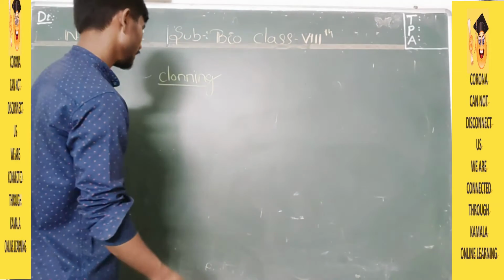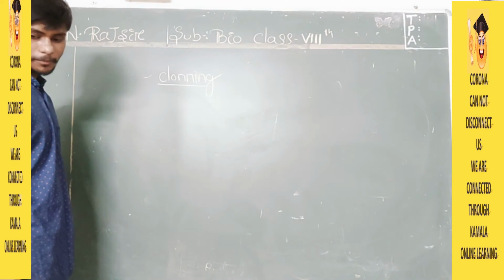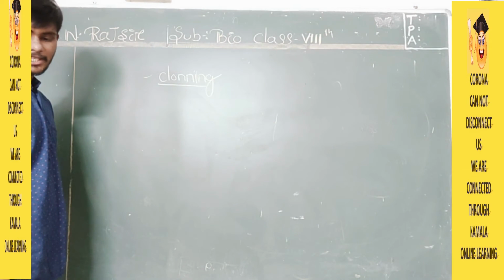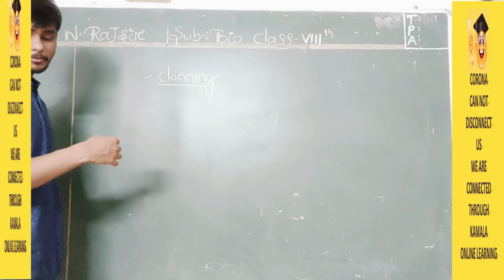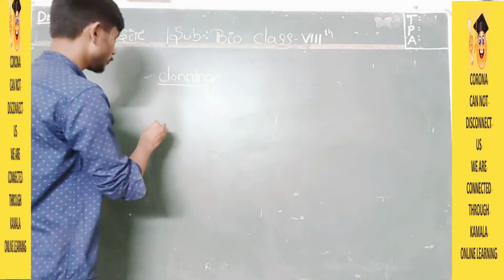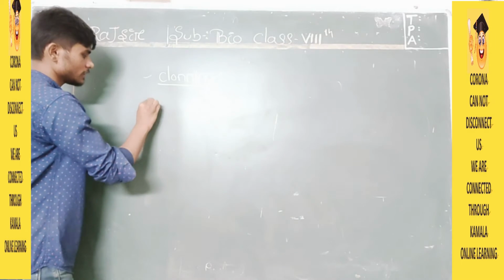So this Dolly is produced from a Scottish blackface sheep and a Finn Dorset sheep. We will take two kinds of sheep. First one is the Finn Dorset.